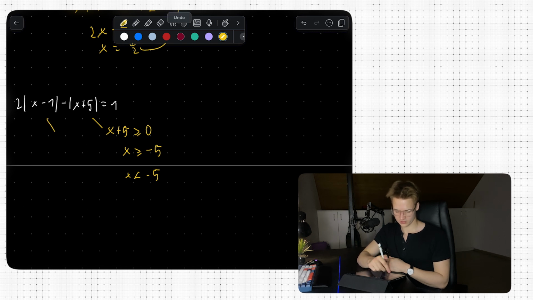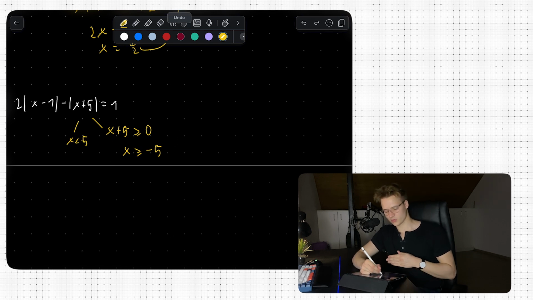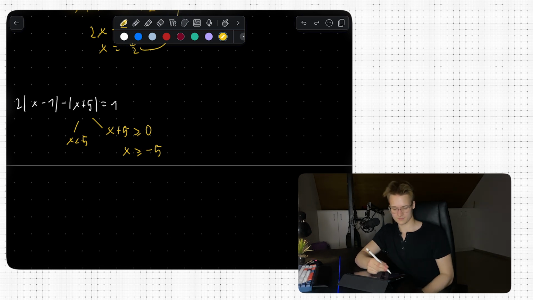And here we're going to have x minus 1, just like this. So the other case is that x is less than minus 5. You just switch the sign around. If you have greater than or equal to, you're going to have less than.